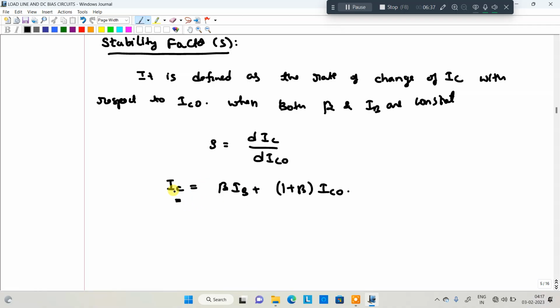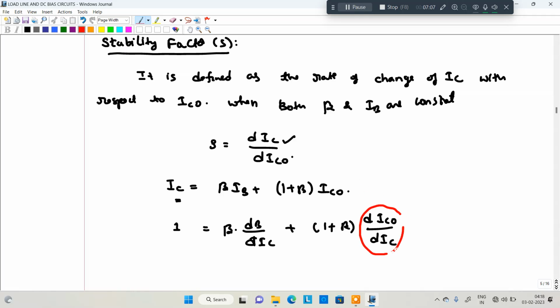Derivative of IC by dIC. Next, beta is a constant, so beta into dIB divided by dIC, plus 1 plus beta is a constant here, dICO divided by dIC. You know that dIC by dICO is S. I can replace it here with S.